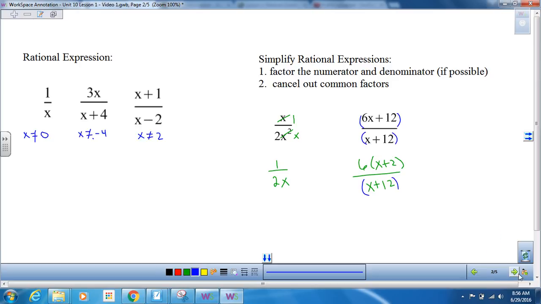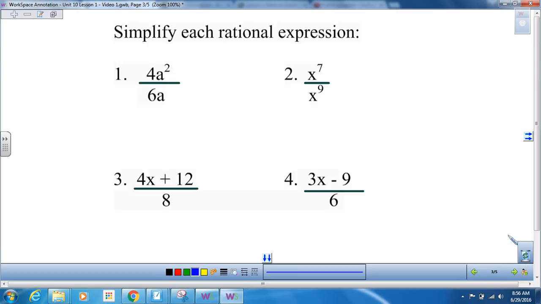Okay, so let's do a few more examples. You just have single terms, so nothing to factor. Your 4 and your 6 can reduce to 2 over 3. And then your a squared over a gets an a over 1.